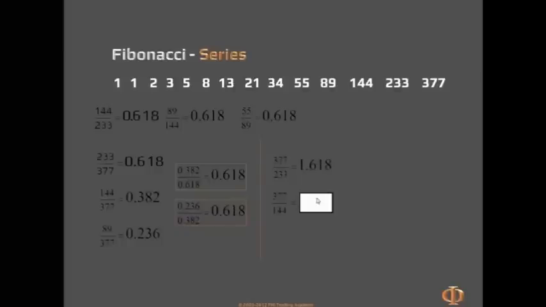If I divide 377 with 144, I get 2.618. And if I do 377 with 89, I get 4.236. Now, if I divide 1.618 with 2.618, I get 0.618 again. And if I divide 2.618 with 4.236, I get 0.618 again.